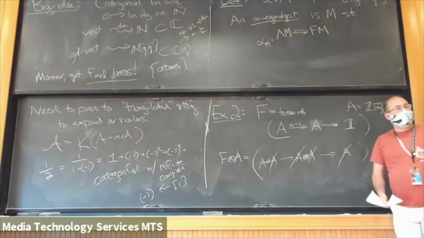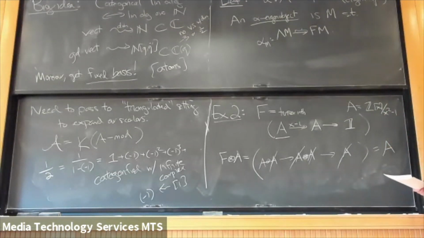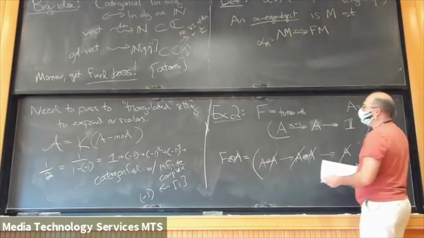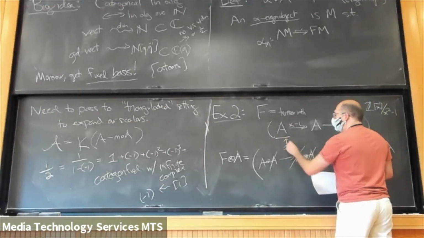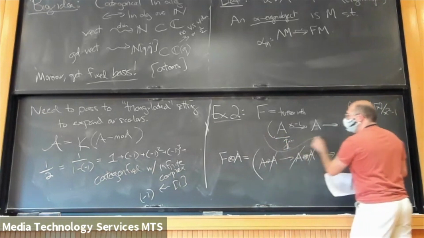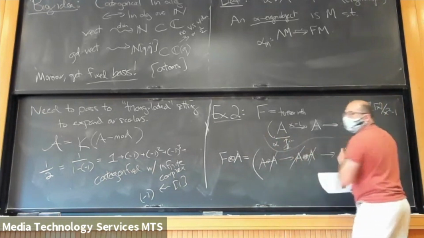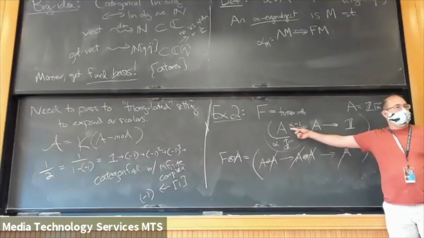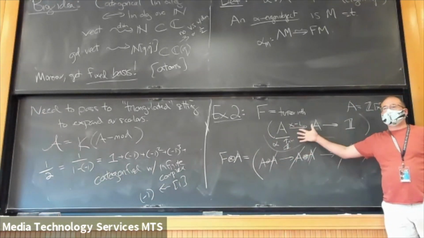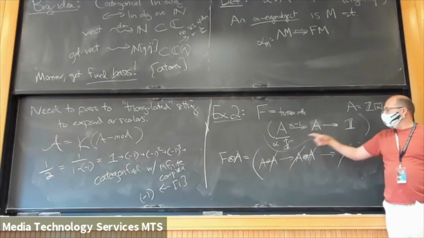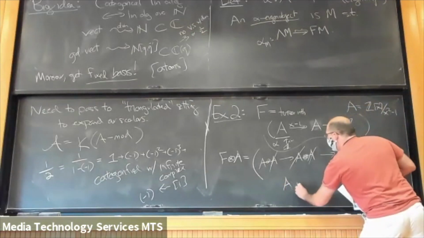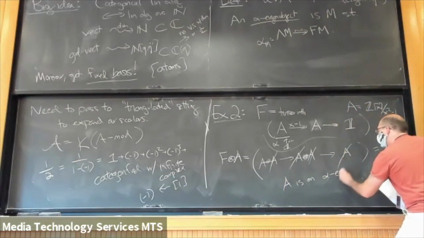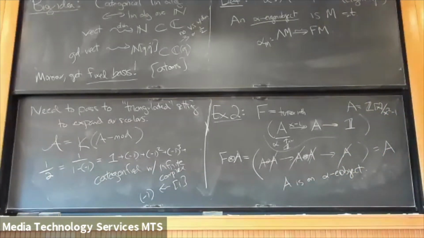Again with eigenvalue 1, F tensor A is isomorphic to A. But this time, there is actually a chain map right here from the monoidal identity to F. You can check that d squared is zero, so this is a chain map. And when you tensor with this, you exactly realize this isomorphism. So A is an eigenobject, and we found something. Okay?